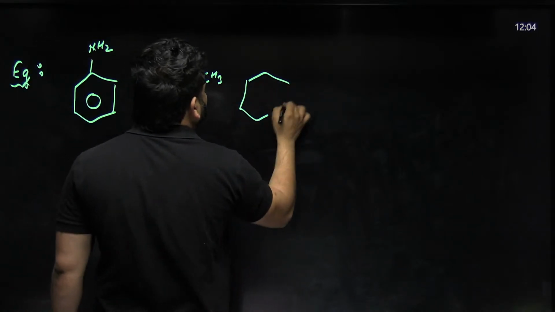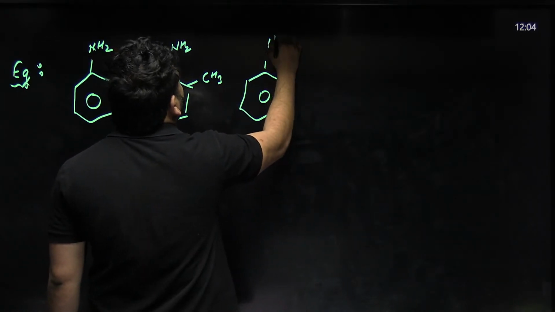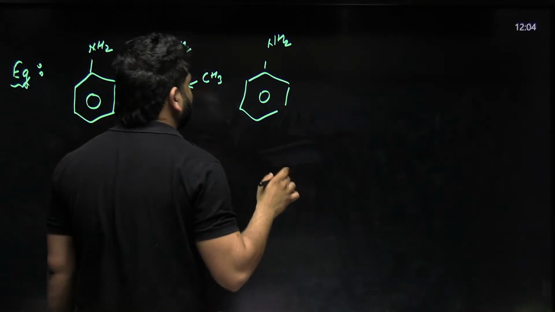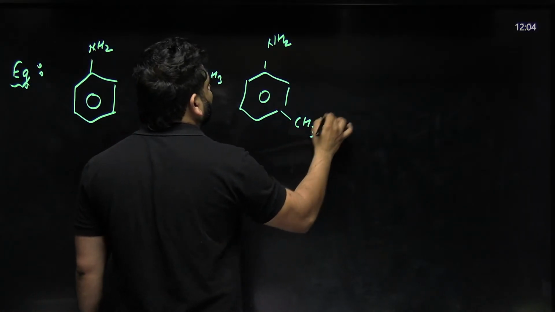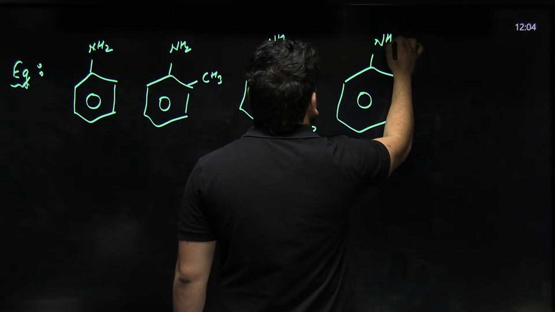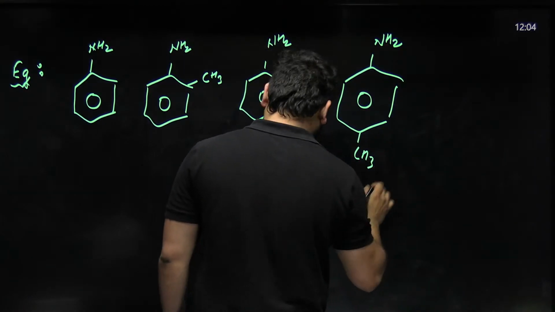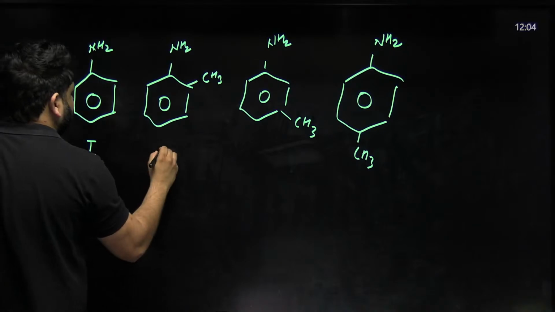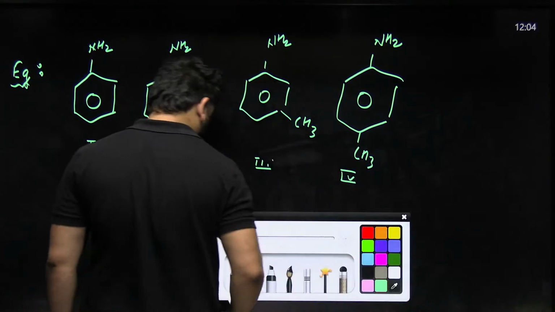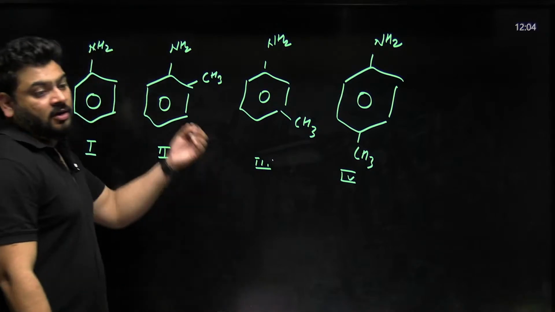Now CH3 is an electron releasing group because it has a positive H effect, hyperconjugation, but only at ortho and para positions with respect to the given group. Let's say this is first, this is second, this is third, and this is fourth, and we have to give the answer: what is the order of basic strength.